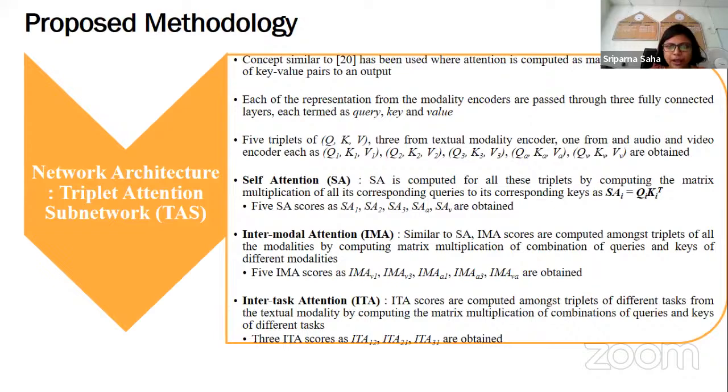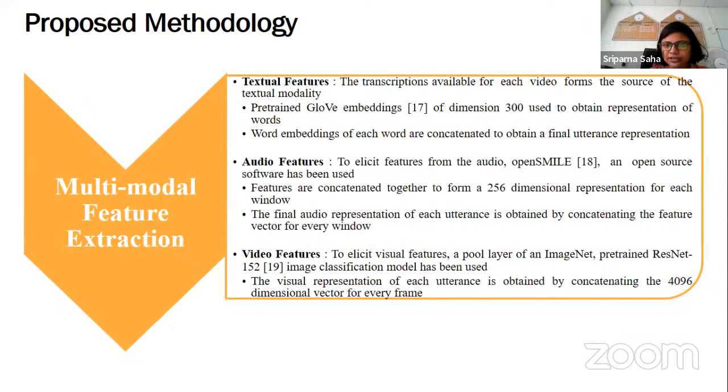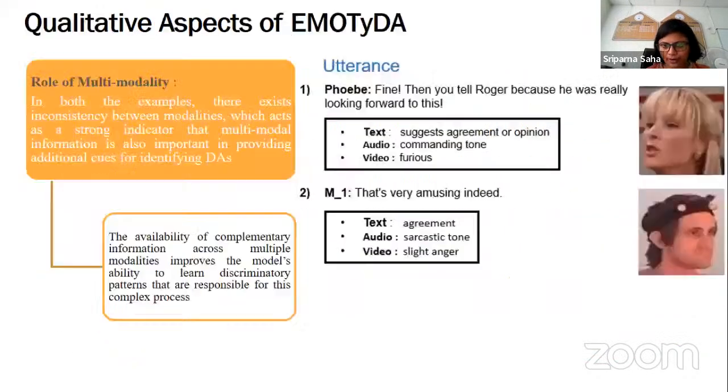As I mentioned, in our case this synchronization is not required. Suppose this is the utterance: "That's very amusing indeed." For this utterance, we already have an audio signal and a small video, where the speaker is uttering this utterance.